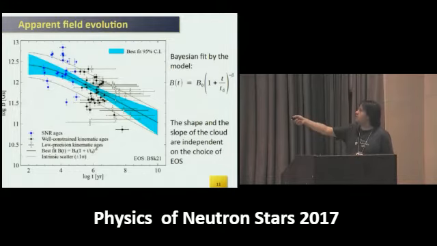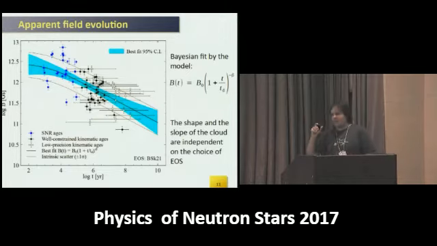To check the significance, we fit it with a simple model which has only 3 parameters: the initial magnetic field, the age of the turning point, and the main parameter we focused on, the asymptotic slope of this trend. And what is important is that if we assume some equation of state, the assumption about the specific equation of state cannot actually change the slope of this cloud.